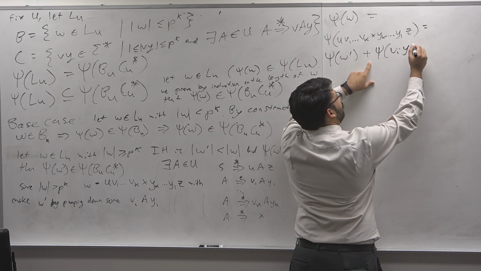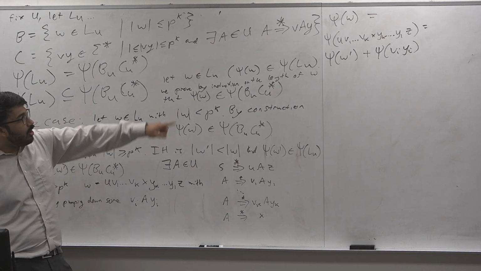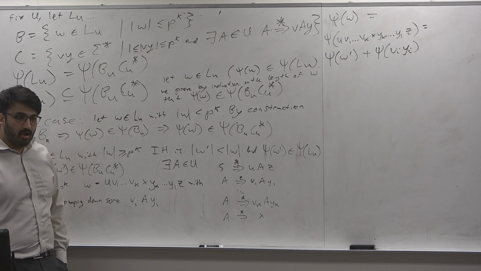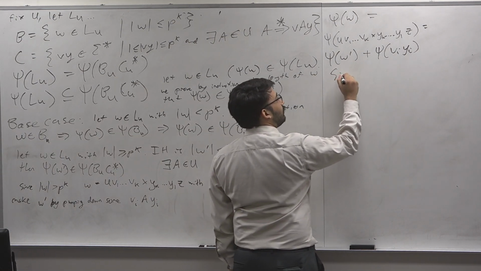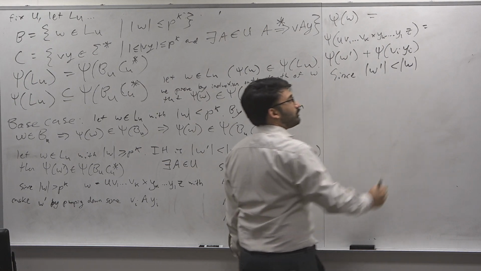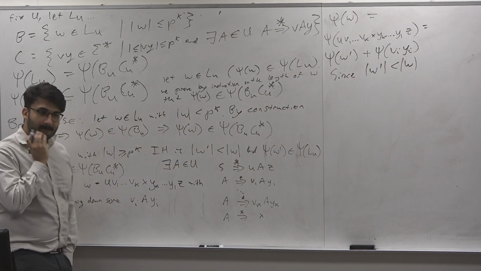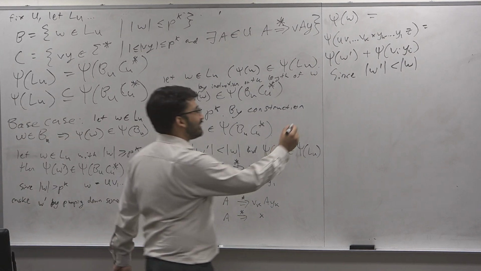Correct. Like that. Okay? What do we know about W prime? Since the length of W prime is less than the length of W, what must be true? By the induction hypothesis. Exactly.